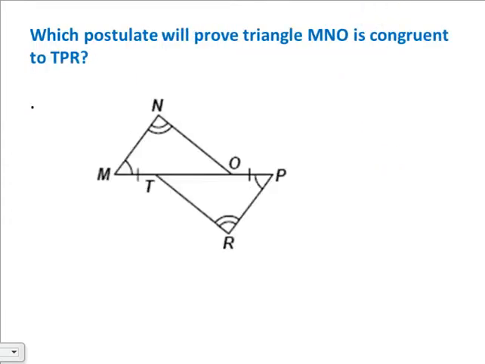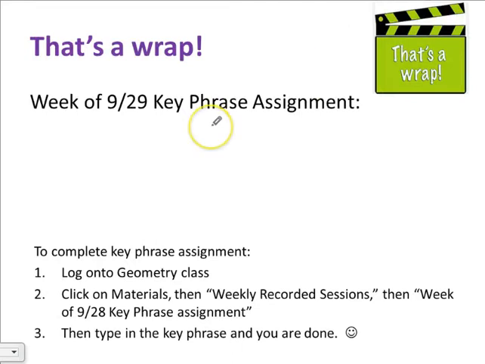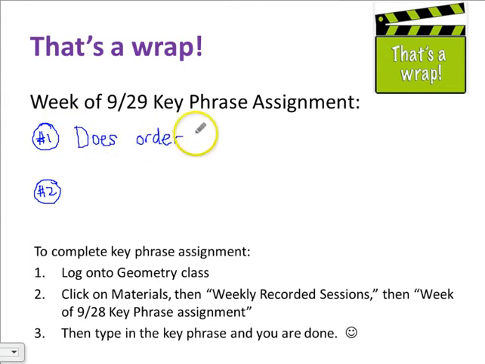Alrighty, so I'm going to stop things here, and that's going to be a wrap, and we're ready for our key phrase assignment. I'm going to have 2 questions here. Does order matter when we use the angle side angle theorem? We talked about order like with included angles and included sides.